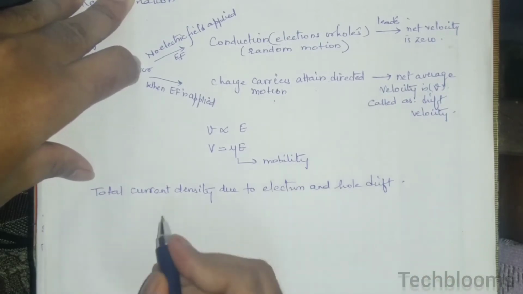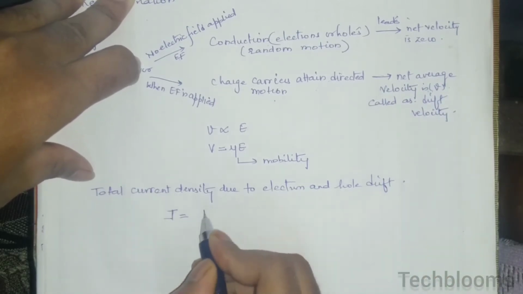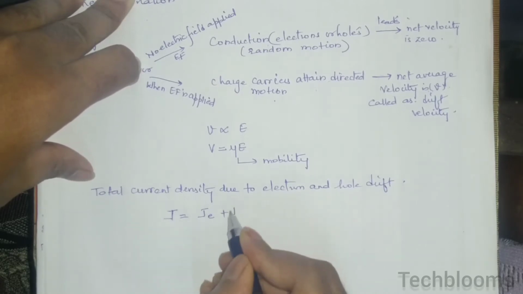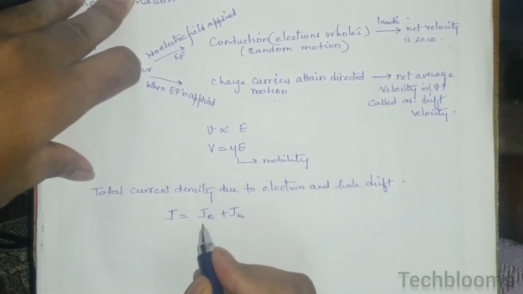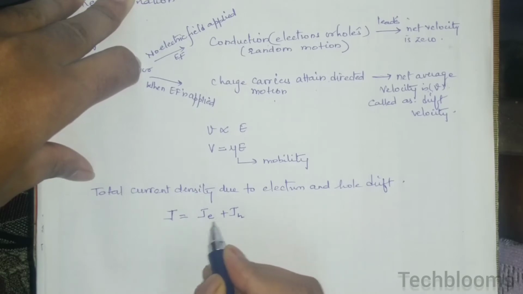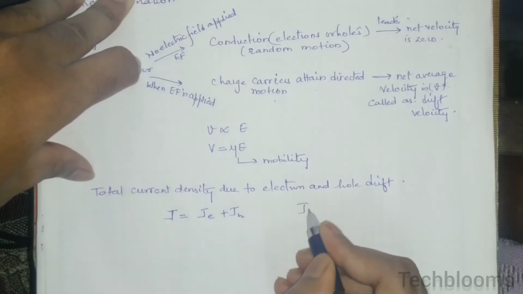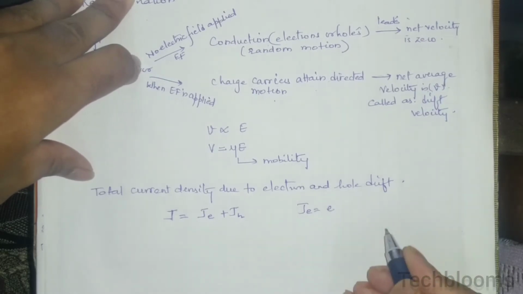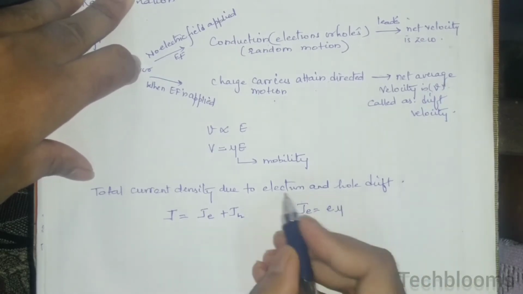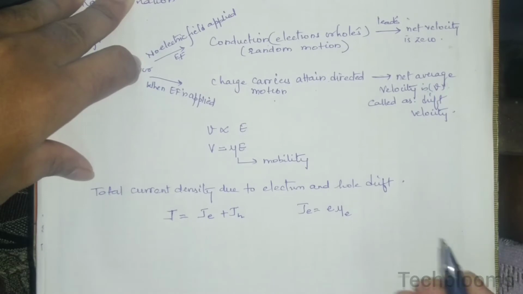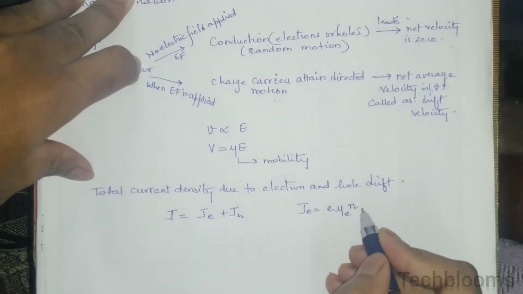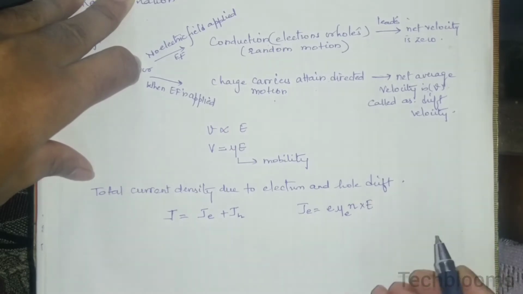The total current density J will be the current density due to electron drift plus the current density due to hole drift. First we compute the densities individually. Je, the electron current density, will be the charge of electron e, into the mobility of the electron, mu E, into the electron density N, into the electric field E.